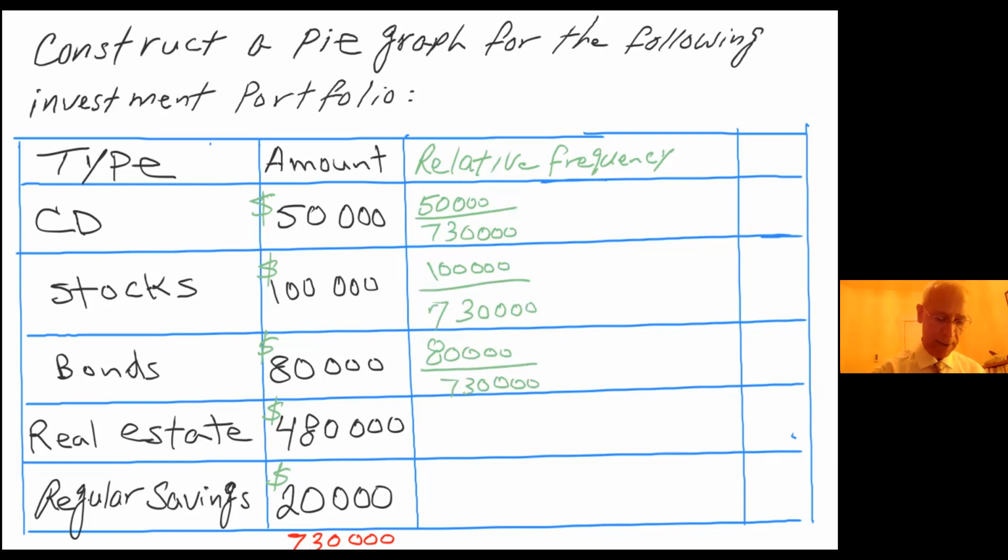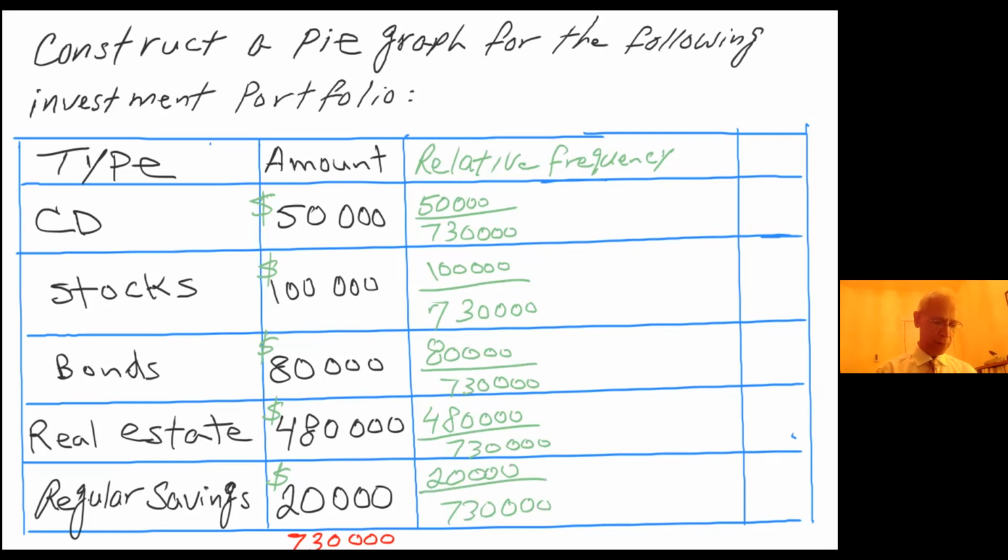For real estate, I have 480,000 divided by 730,000. And finally, 20,000 for regular savings divided by 730,000. Let me grab my calculator.